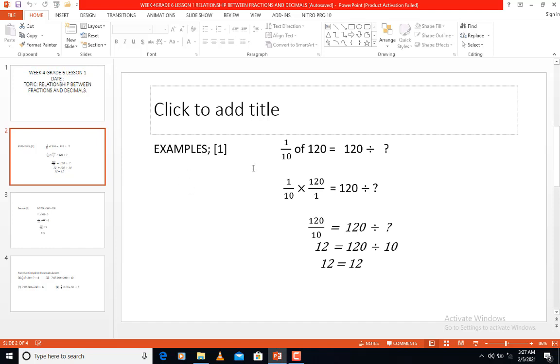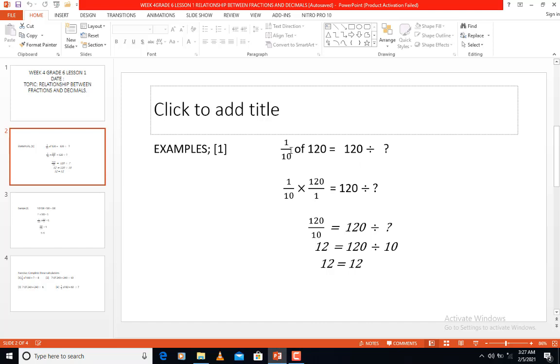relationship. You can see from this example, 1 over 10 of 120 is equal to 120 divided by a certain number. So which number can we divide 120 by? And the answer here is going to be the same as 1 over 10 of 120.